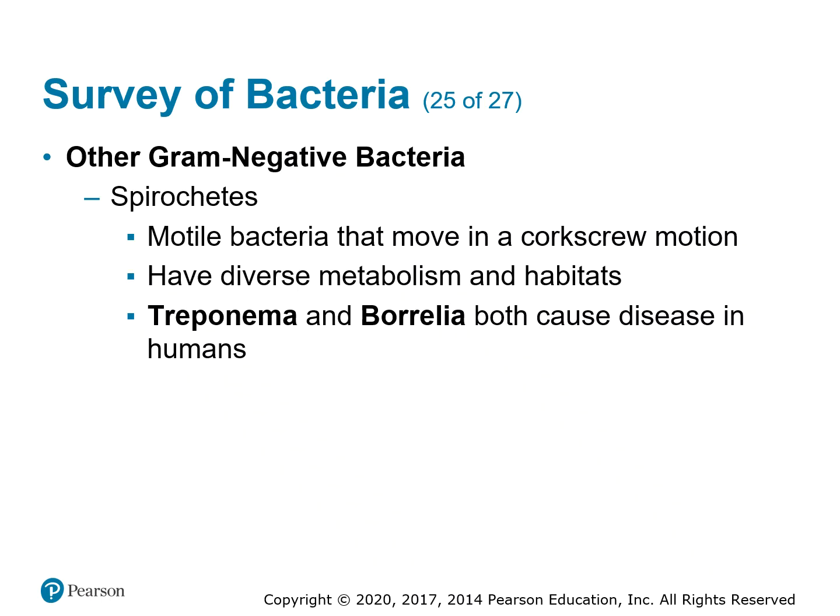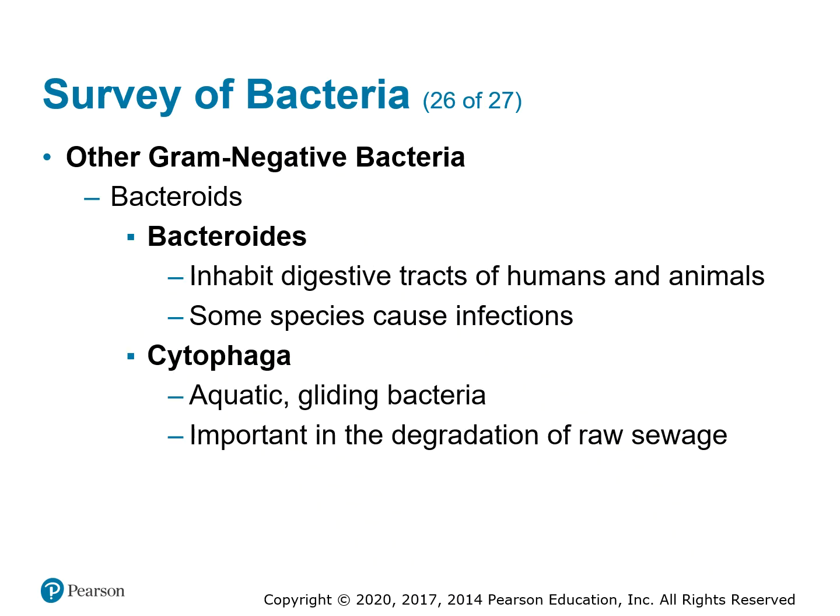They have diverse metabolism and habitats. Treponema and Borrelia both cause diseases in humans. The bacteroids, these inhabit the digestive tract of humans and animals, and there are some species that cause infections. And the Cytophaga, these are aquatic gliding bacteria, and these are important in the degradation of raw sewage.